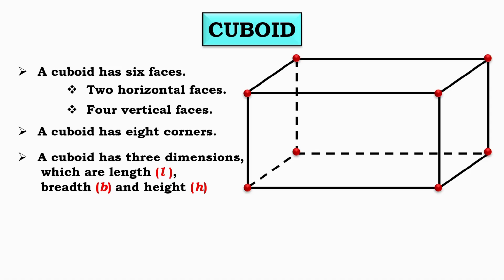But if you pile up different rectangles one by one, you get the cuboid figure. So here we also have the height. This is the length, this is the breadth, and finally the height, that is L, B, and H.